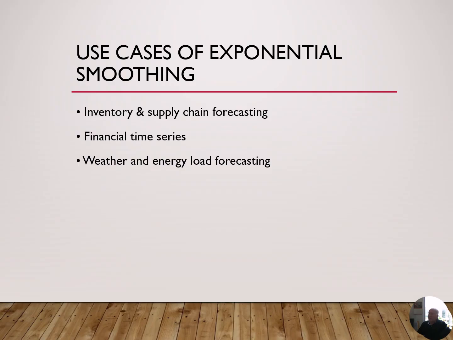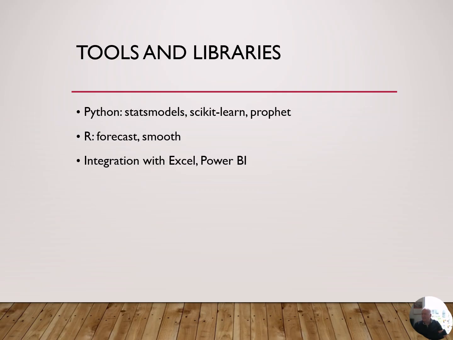Use cases of exponential smoothing are inventory and supply chain forecasting, financial time series, and weather and energy load forecasting. The tools and libraries you can use are Python statsmodels, scikit-learn and Prophet. And with R we have forecast and smooth. And there's even some integration with Excel and Power BI.